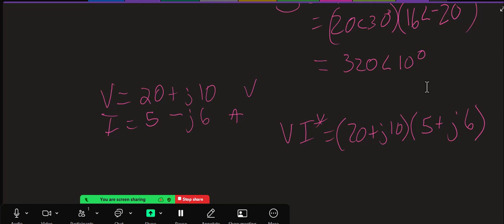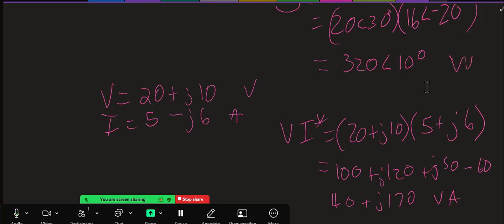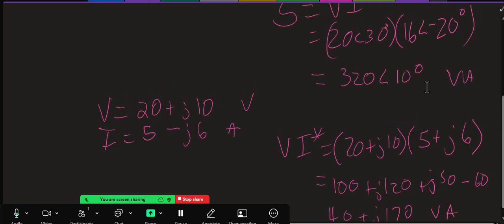And so you either change the sign of the complex part or you change the sign of the angle, and that gets you the conjugate. And I think it's 40 plus J70 volt amps. Yeah, so that's what conjugate is. But thanks for asking.